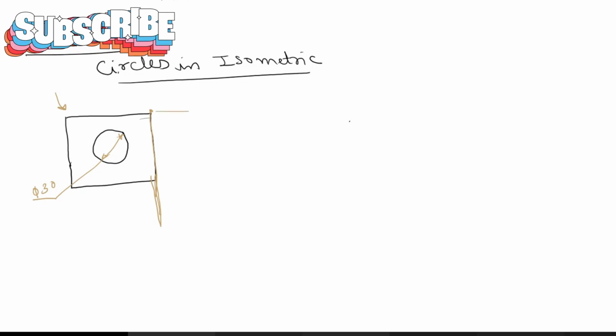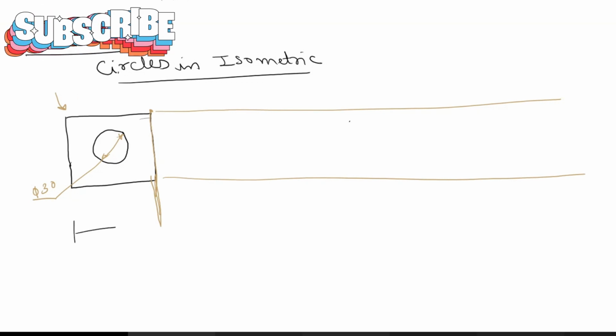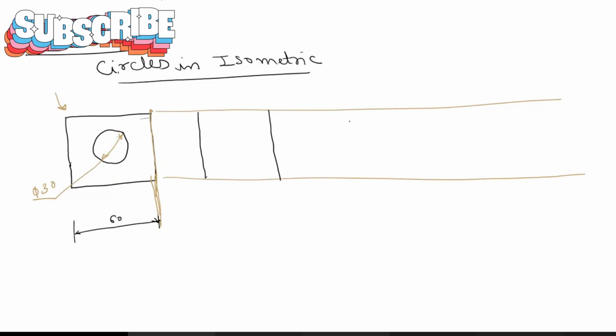This will not change. This will remain as it is. What will change is this. So if this is earlier, say 60, after some period of time, if we are rotating it, it will become approximately say 40.